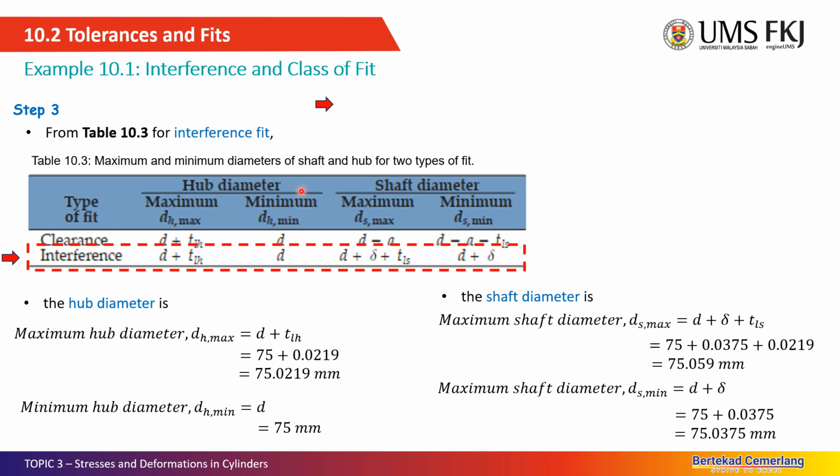For the minimum hub diameter, it is equivalent to D, the nominal diameter, so 75 millimeter. For the maximum shaft diameter, DS max is D plus interference plus the tolerance of shaft, so we get 75.059 millimeter. For the minimum shaft diameter, DS min is D plus interference, so it is 75.0375 millimeter.